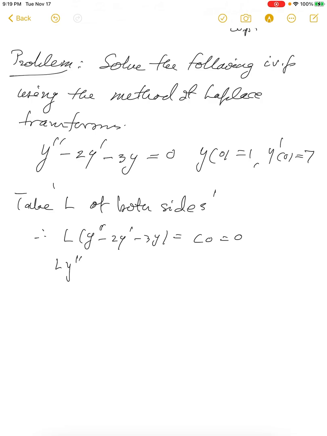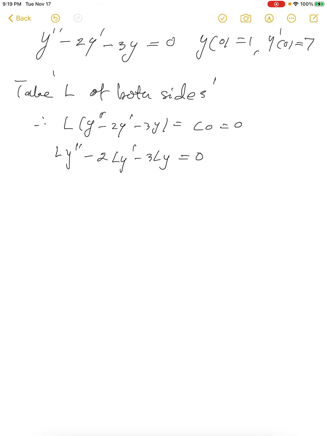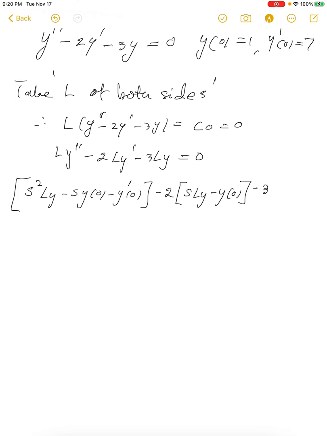The left side is L of y double prime minus 2Ly prime minus 3Ly. That should be 0. Now comes the place where you use the formula for the Laplace transform of the derivatives. Laplace transform of y double prime is s squared Ly minus sy0 minus y prime 0, minus 2 times the transform of y prime, which is sLy minus y0, minus 3Ly equals 0.